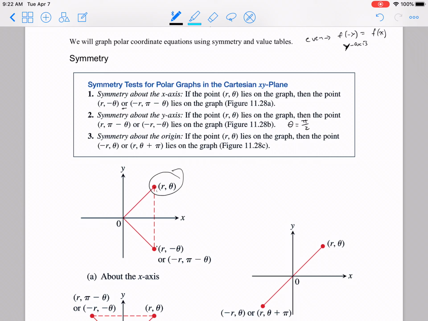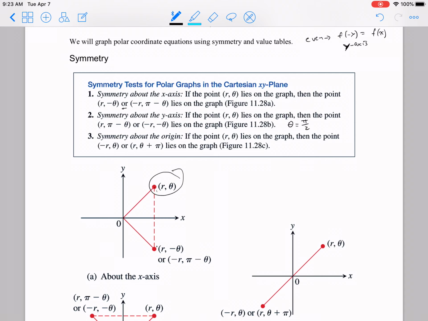Here, you're going to have either (r, pi minus theta) for (r, theta), or (negative r, negative theta). And again, notice it's an or, not an and. So one or the other. Sometimes you might want to just check both.